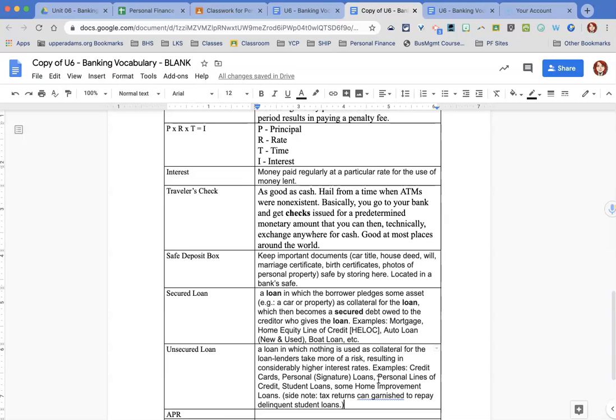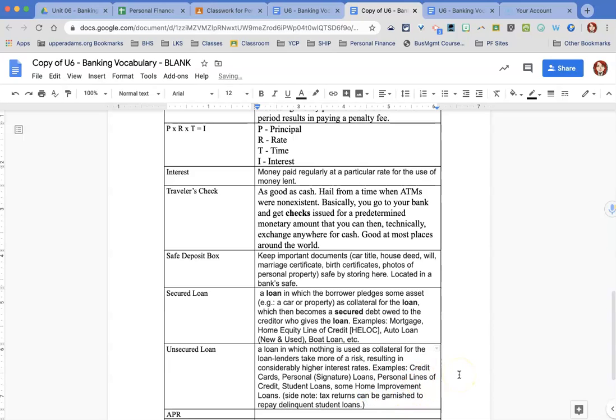So don't think that, oh, well, that's how I'll pay my student loans, and you'll still end up owing money. If you owed $2,000 and got a $4,000 tax return, they would take out the $2,000. They would garnish that $2,000, and so you would only get a check from the IRS for the extra $2,000 that was left over of your tax return. So garnishing is not a good thing if you are the one from whom the money is being garnished.